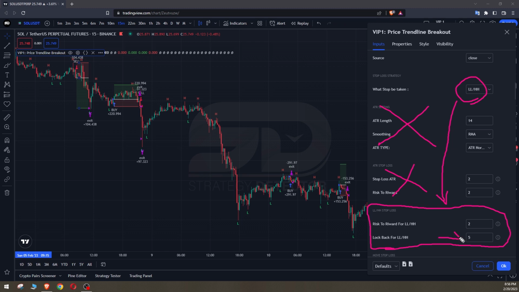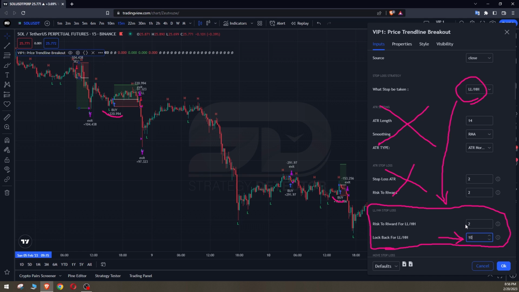In this second option here, this 5 says we should choose the lowest low of 5 previous candles as our stop loss. You can also change this number to smaller or bigger numbers. For example, 10, to search 10 previous candles to find the lowest low or highest high in those 10 candles to place the stop for long or short positions.